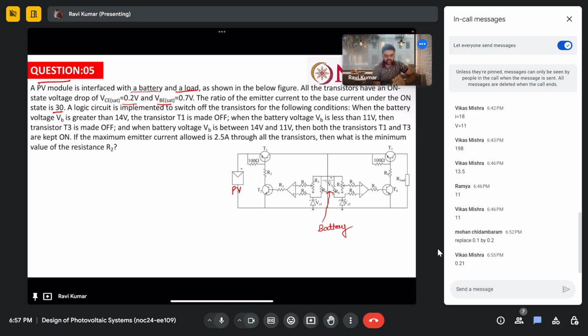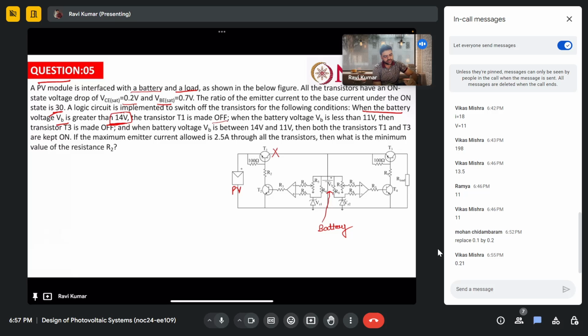A logic circuit is implemented to switch off the transistor for the following conditions, which are the same as we have already seen. When the battery voltage VB is greater than 14 volt, the transistor T1 will be turned off. Here 14 is Vmax, the maximum voltage of the battery in the charged state.